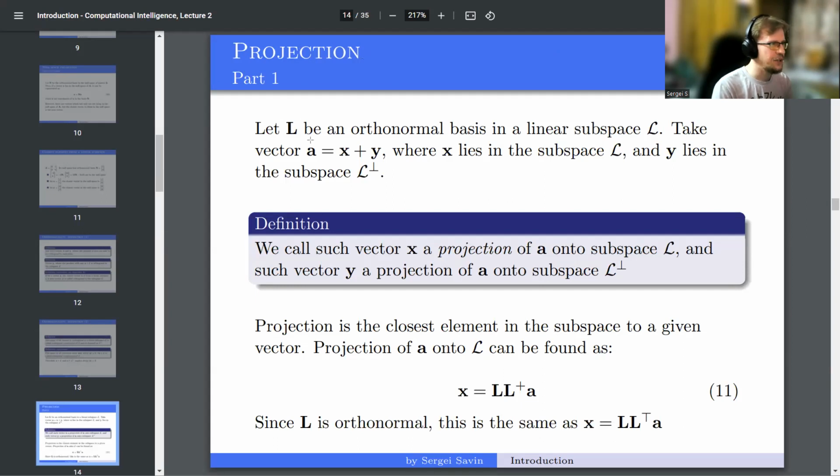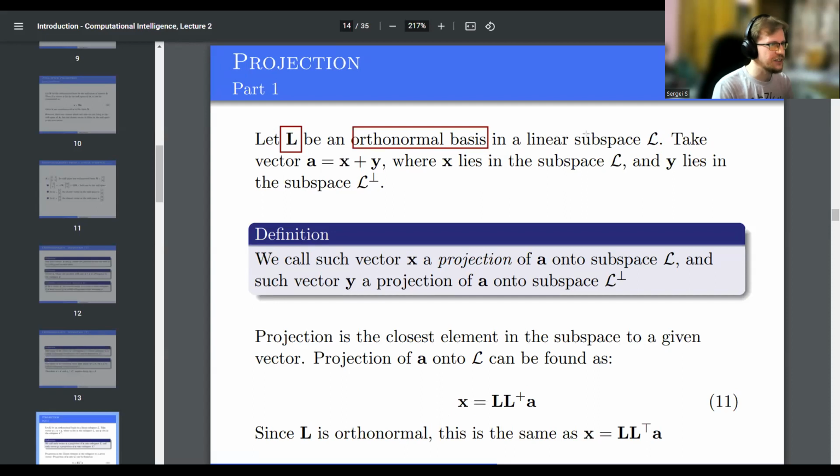So let L be an orthonormal basis in the linear subspace L. All right. Take vector A, where x lies in subspace L and y lies in L perp. So we have this vector, which is x plus y. Definition.